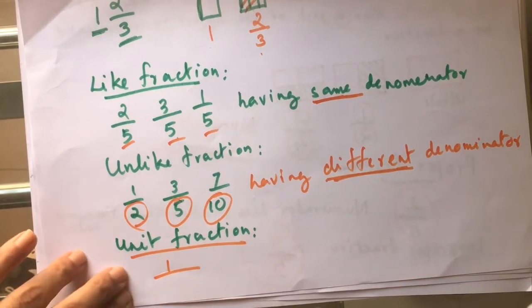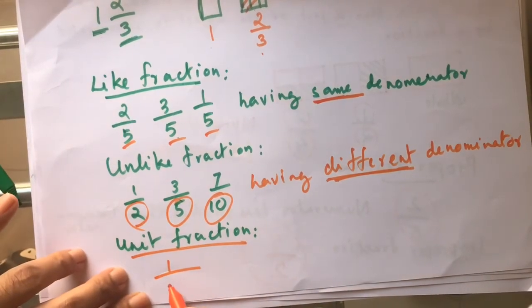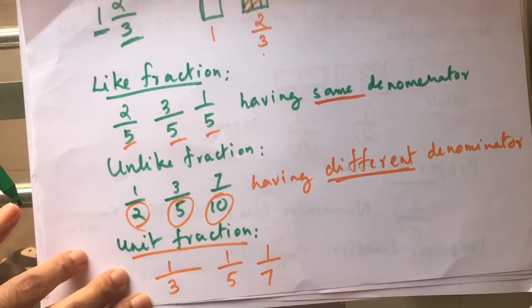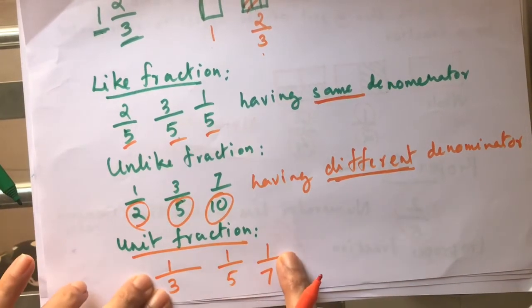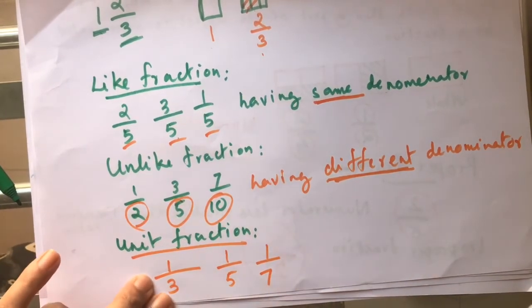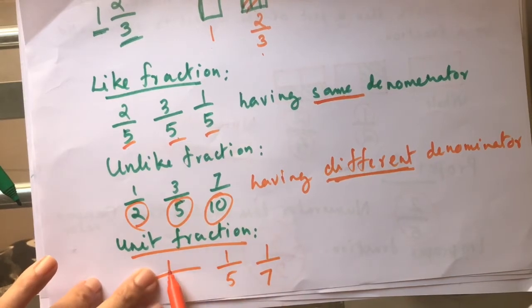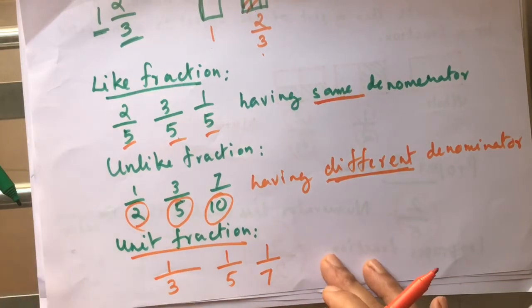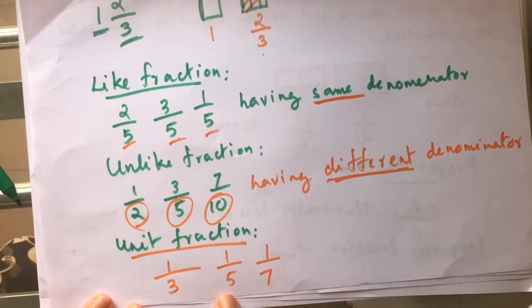The denominators can be different, like 1 by 3, 1 by 5, 1 by 7, like that. Here, for a unit fraction, all the numerators will be 1. The fractions having 1 as a numerator are called unit fractions. The denominators can be different.